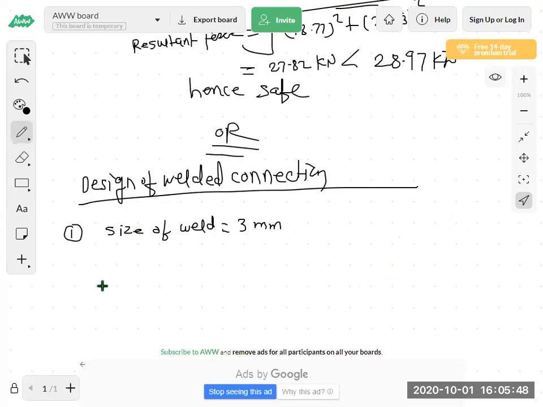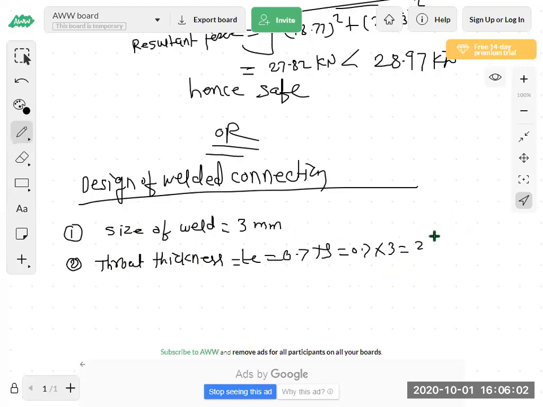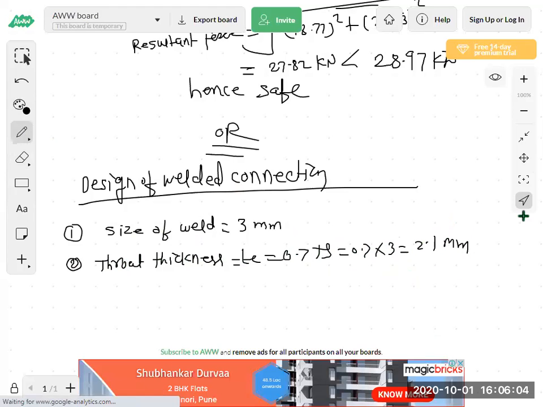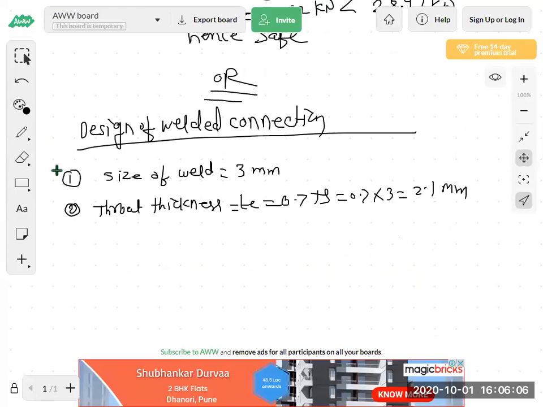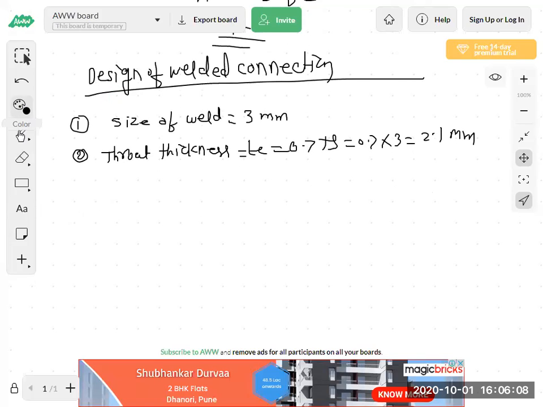Okay, now second we have to calculate throat thickness. Throat thickness T is equal to 0.7 into S. So 0.7 into 3, so 2.1 mm is the throat thickness. That we have seen.